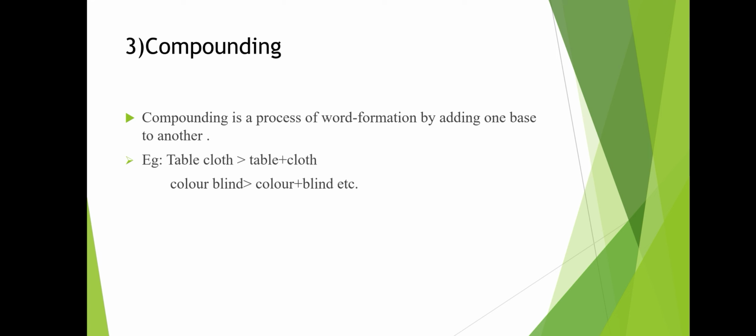Tablecloth becomes a unified word when two bases are attached together, table plus cloth. Then another example, color blind. It becomes color blind when the base color is attached to another base blind. Color plus blind, color blind.